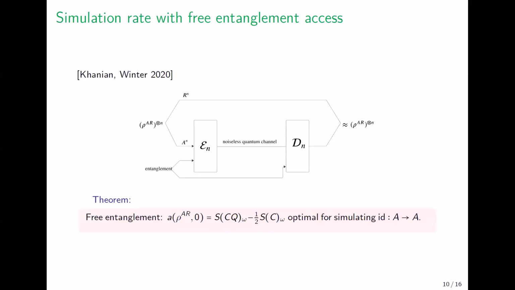This example I mentioned, when we have a fully mixed state and we want to simulate the identity channel, was studied by myself and Andreas Winter, and the problem was called compression of a general mixed state. So as you can see, we can retrieve this special case with our functional when the channel we want to simulate is an identity channel.